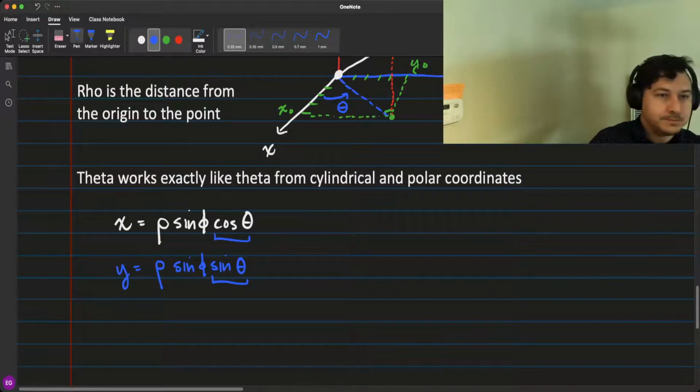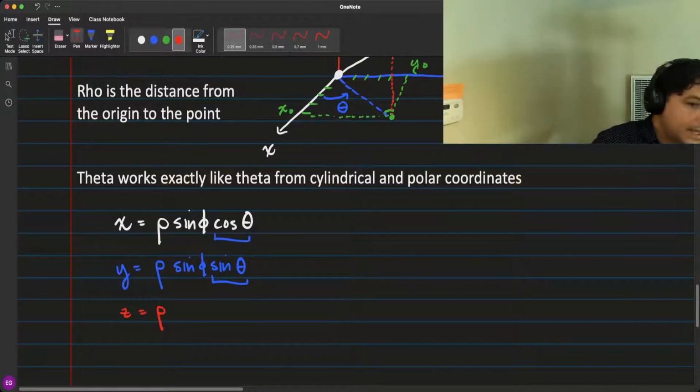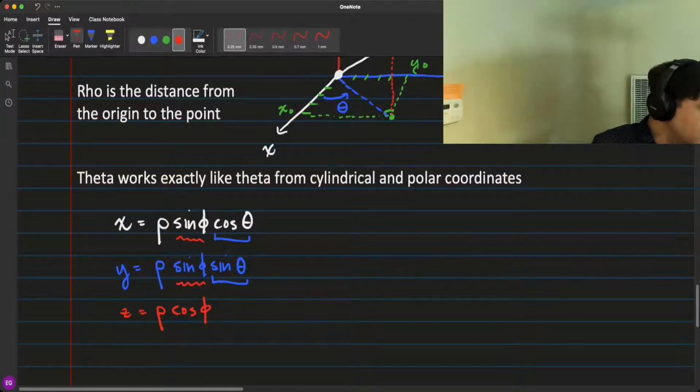And then to find z, you want rho times the cosine of phi. So these two remain the same, and then finally it becomes cosine of phi for the z coordinate.